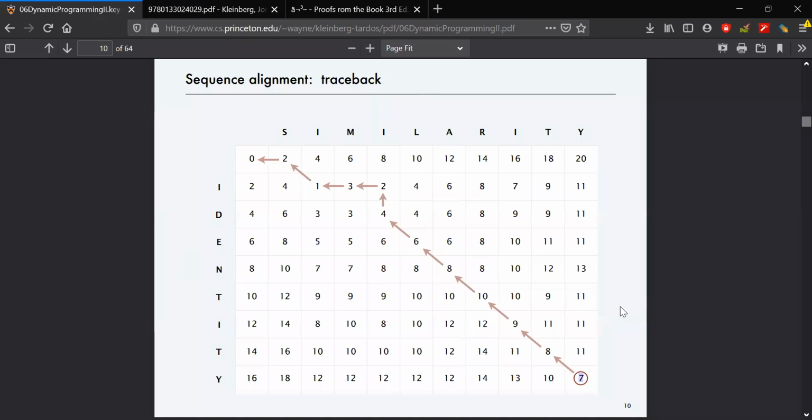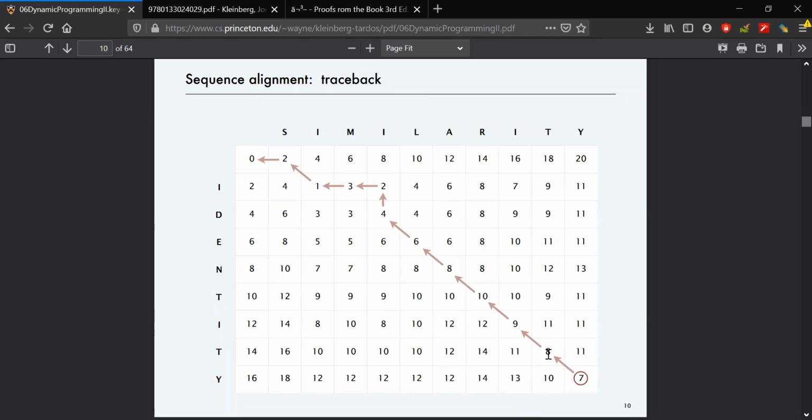And now you want to find out... So this just gives you a value. It does not give you what the alignment was, right? So if you want to find out what the alignment is, the idea is that you can just trace back. You can just go back through your solution. At this entry, you find out from which of its neighbors you got this value.